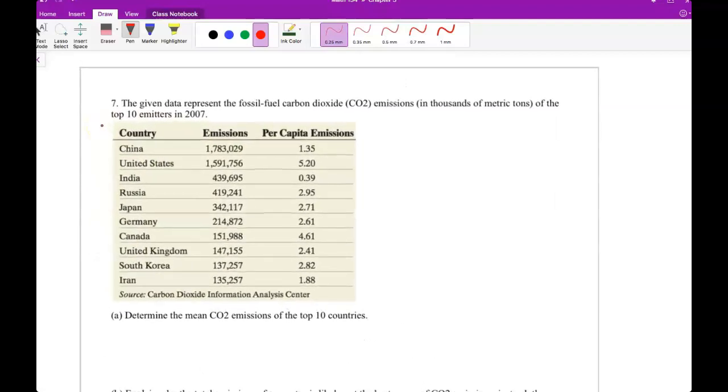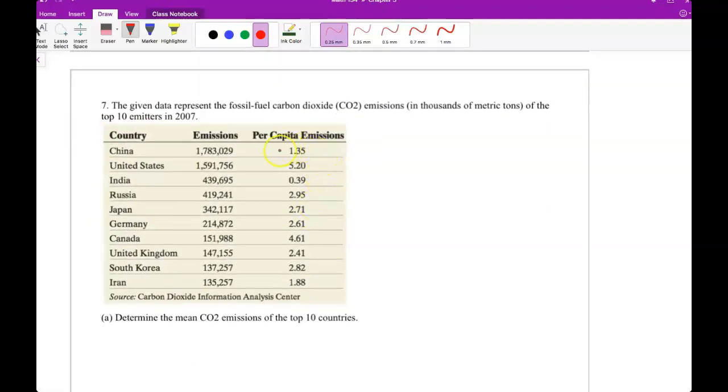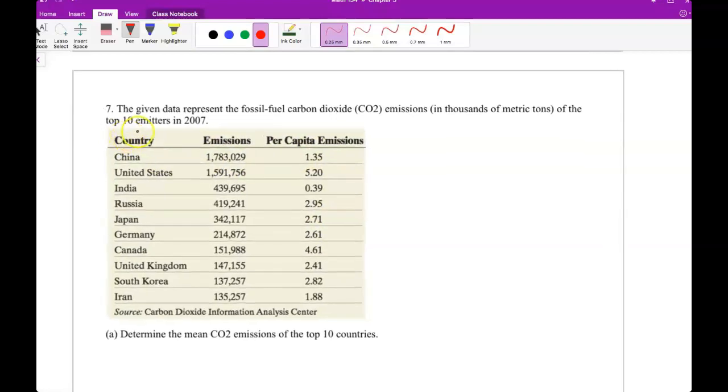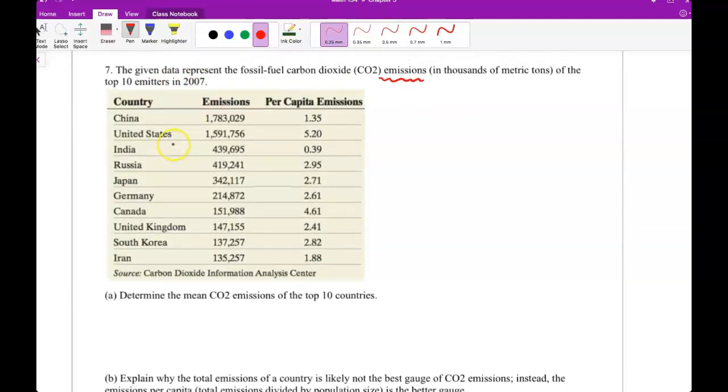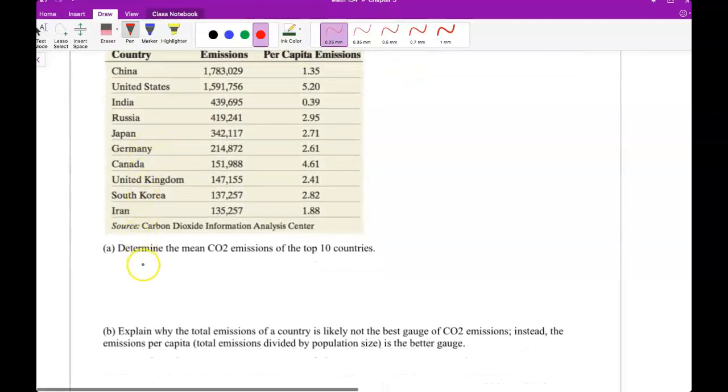Next page, example number 7. Here we have this table with data representing carbon dioxide emissions in thousands of metric tons for the top 10 emitters in 2007. In total we have 10 countries. So determine the mean of the top 10 countries.